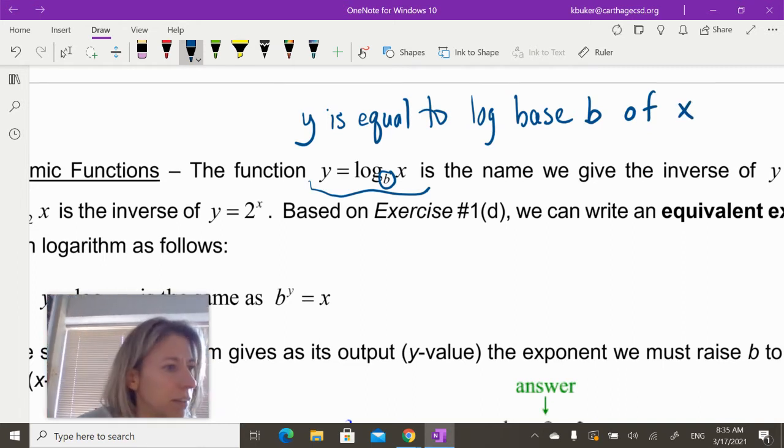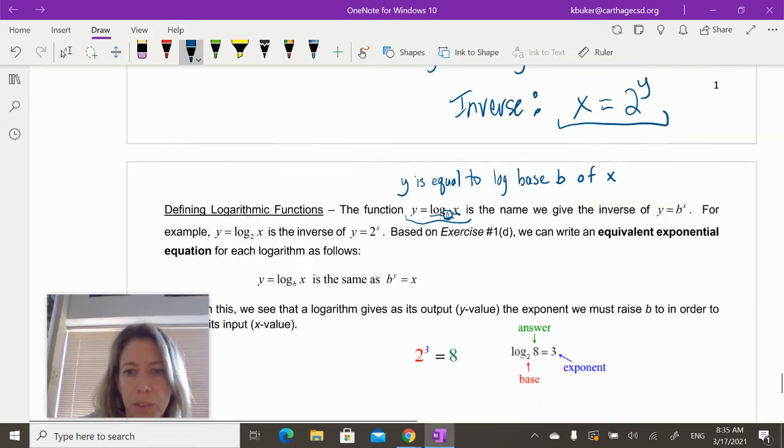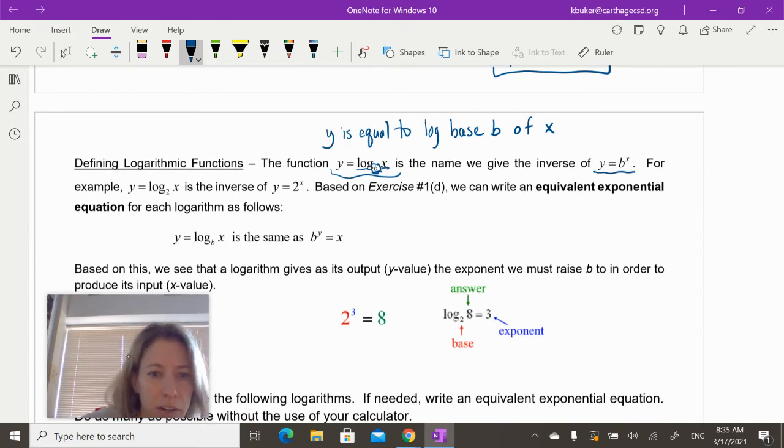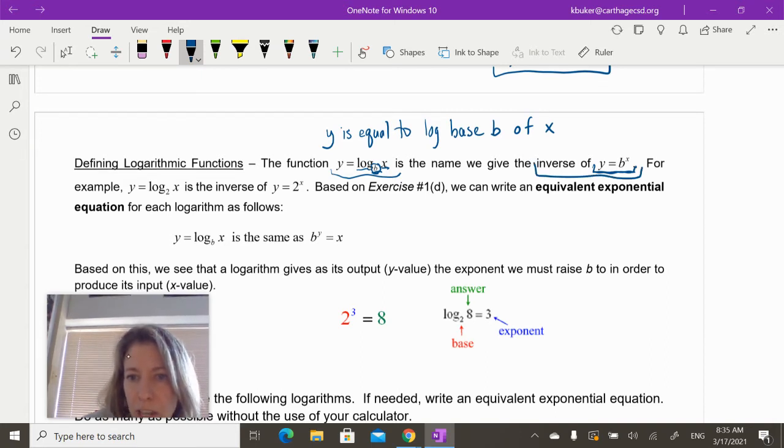That's how you read it. So y is equal to log base b of x, and this is the inverse of this function y equals b to the x. Remember I said for inverse, we switch the x and y. The inverse of this can also be written as x equals b to the y.